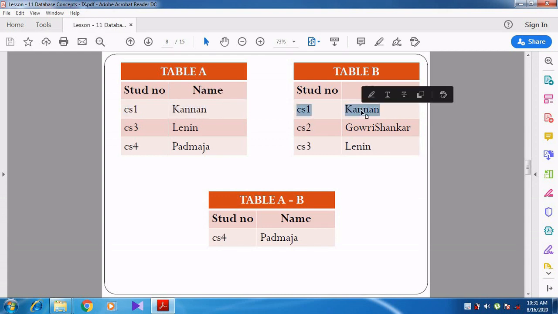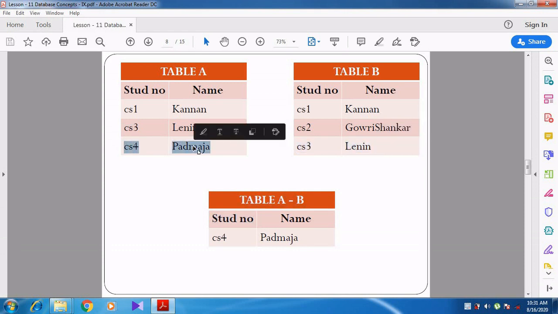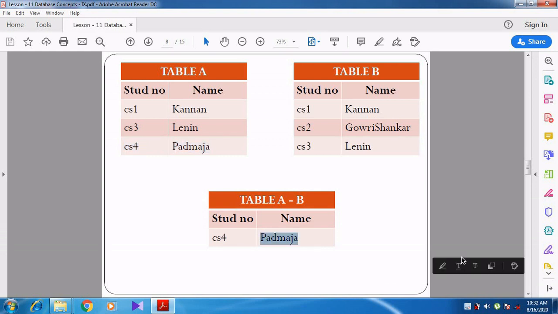Like that, CS3 Lenin is also contained in table B. So the data left out is CS4 Padmaja. So the A minus B operation shows only one tuple, CS4 Padmaja. I think you might have understood this difference.